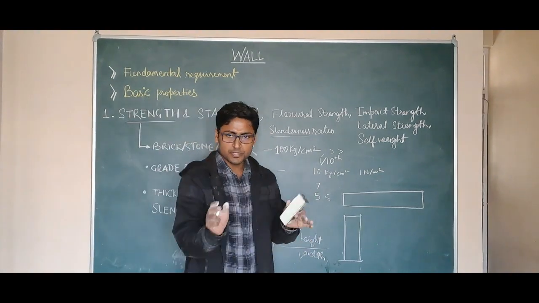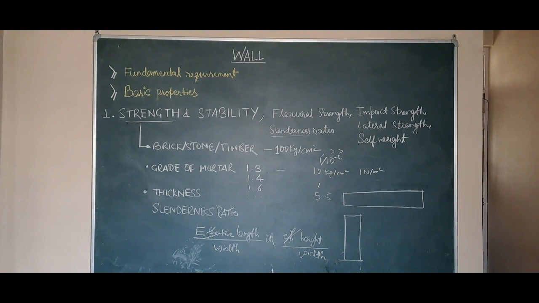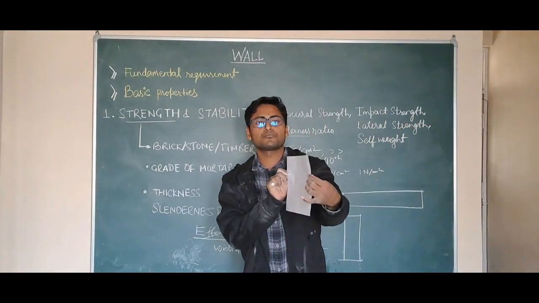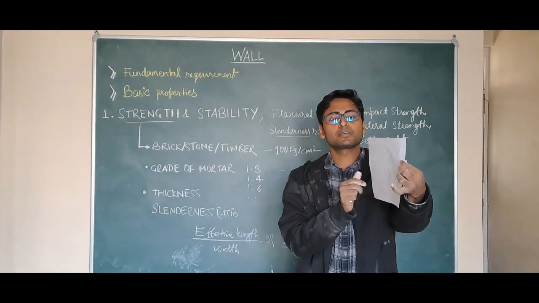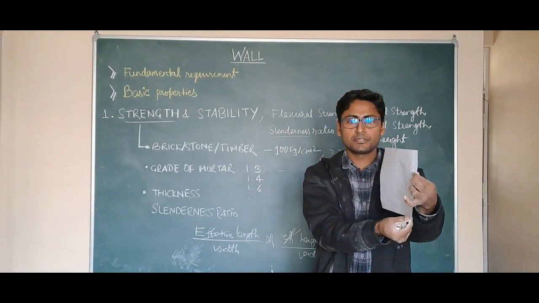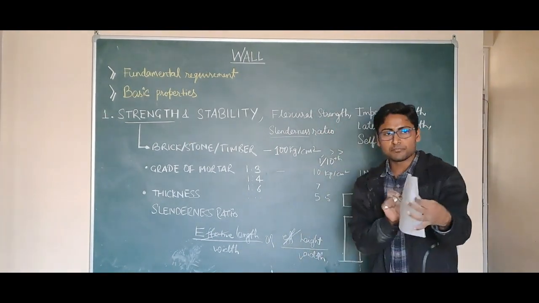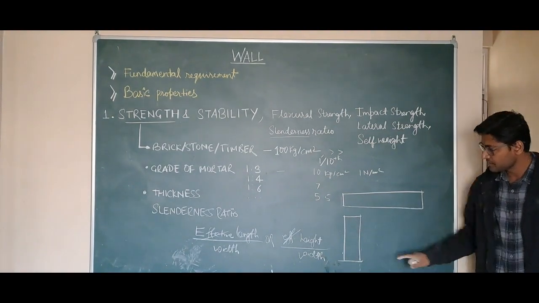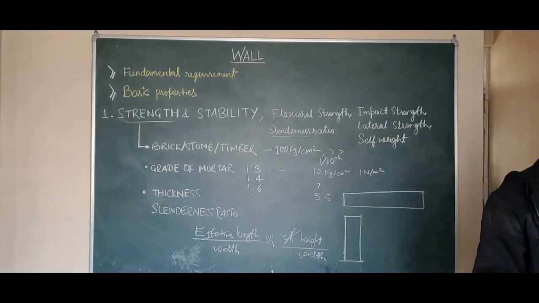So there should be some limit to that. For example, I have this kind of wall. The thickness is very less and the height is very high if we compare with the thickness of the paper. Obviously, there will be some buckling or something. So there should be a limit for height and a limit for the length.